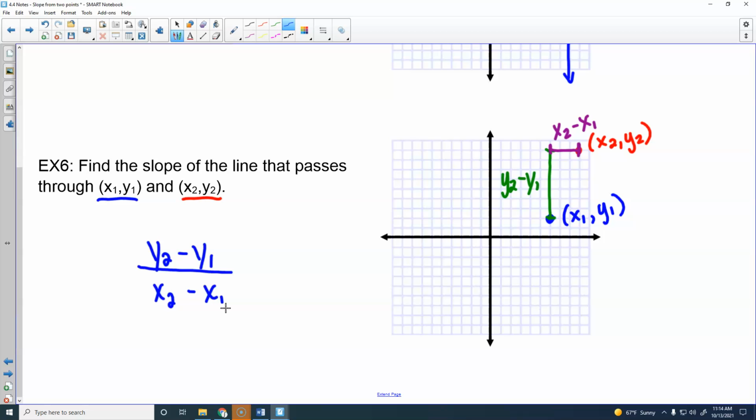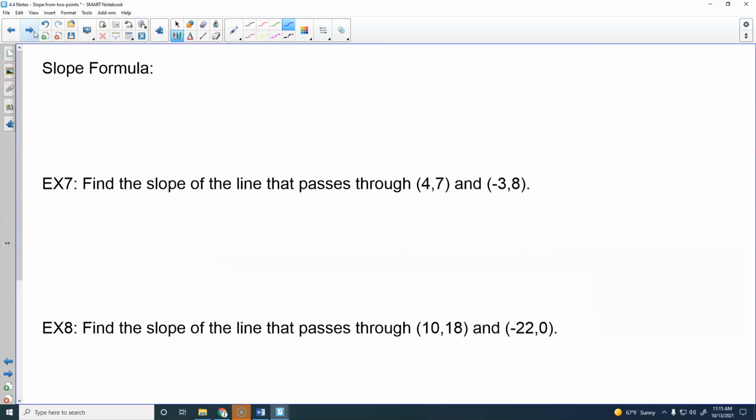This is a rule that we're going to call our slope formula that you need to know from now until the end of time. We're using the slope formula right now in calculus. As long as you're in math classes, you are going to talk about the slope of a line. So let's write the slope formula over here. I think it comes from a French word.